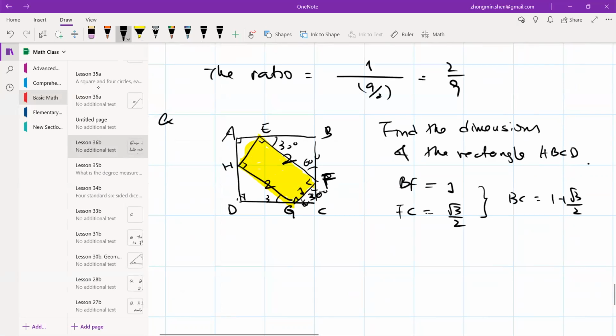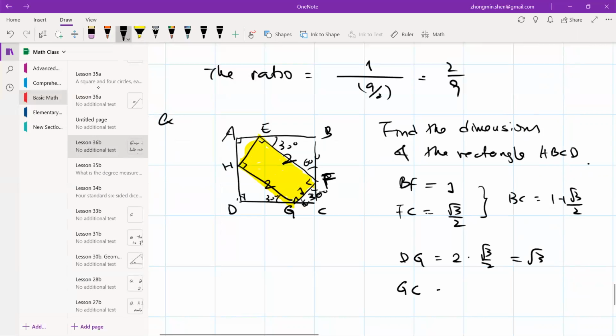And this will also be 30 degrees. So DG is going to be 2 times square root 3 over 2, which is square root 3.